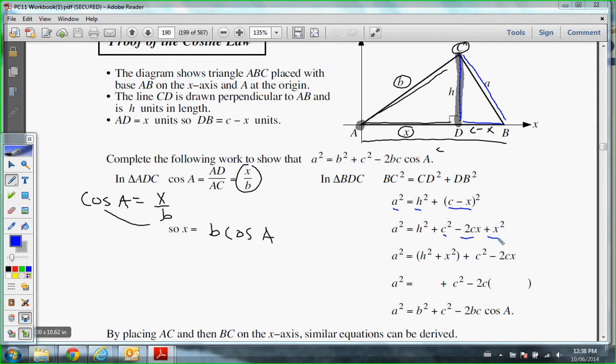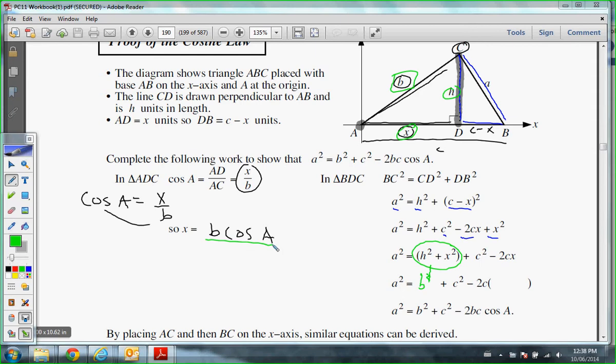This is where it kind of gets tricky. So h squared plus x squared, x squared and h squared from the other triangle is equivalent to b squared. So they replace this with b squared. And they simplify this one down by taking the x, they're going to replace the x with this right here, b cosine a.